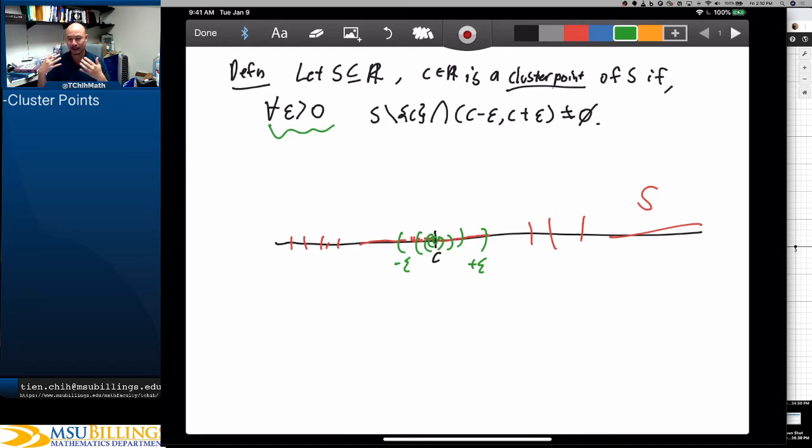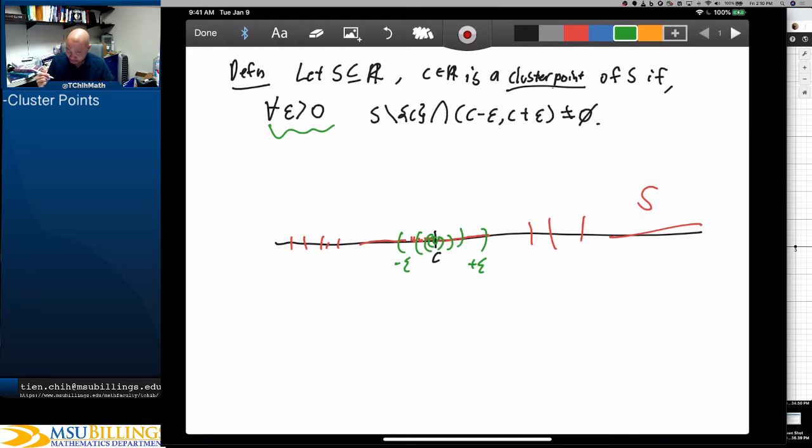So again, think about this in terms of our primary focus of this course, which is closeness. It means that other than C itself, C is arbitrarily close to elements of S.